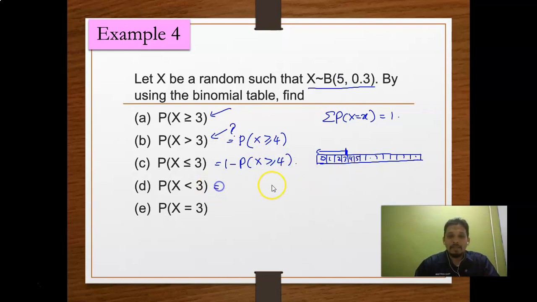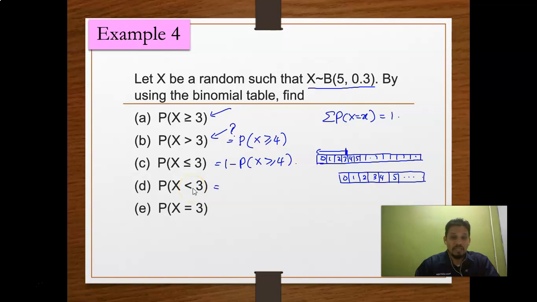And what about x less than 3? Does it include 3?